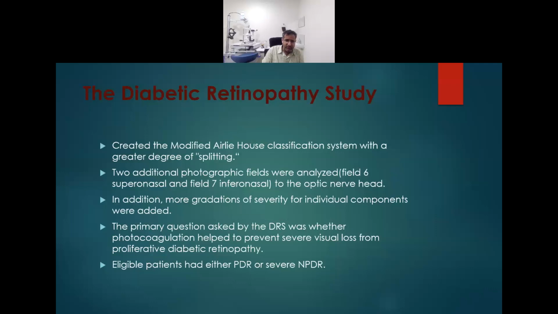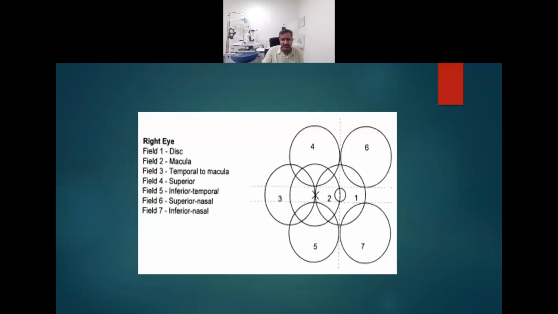In addition, more gradations of severity for individual components like neovascularization and IRMAs were added. The primary question asked by the DRS was whether photocoagulation helped to prevent severe visual loss from PDR, and eligible patients had either PDR or severe NPDR.